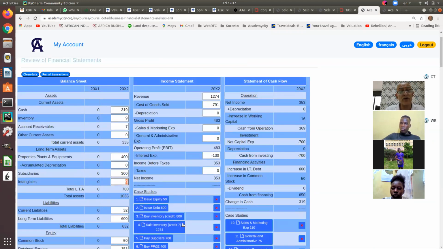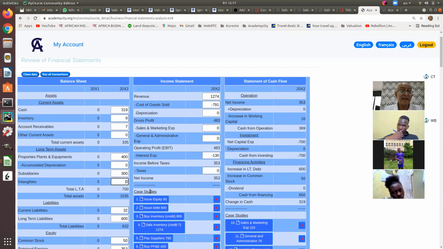So my intangibles will go up by 120, my cash will go down by 120. Again, my current assets will go down by 120 and my long-term assets will go up by 120. Usually with intangibles, or a right to use intangibles, you will use it for more than a year, so most of the time you'll find it as a long-term asset.